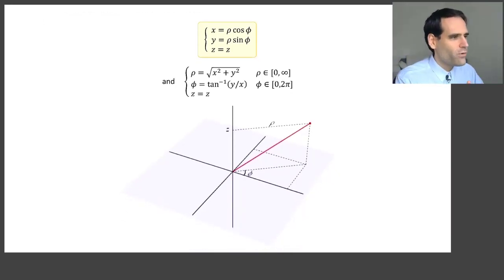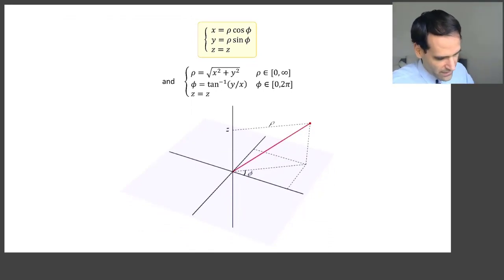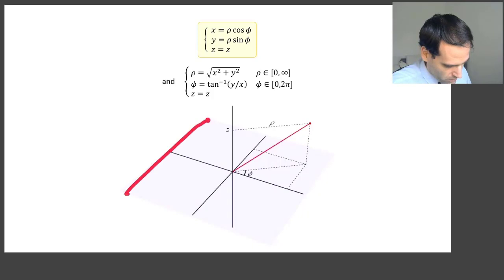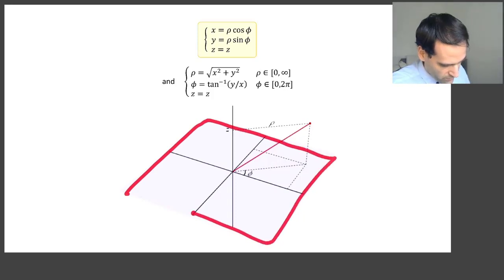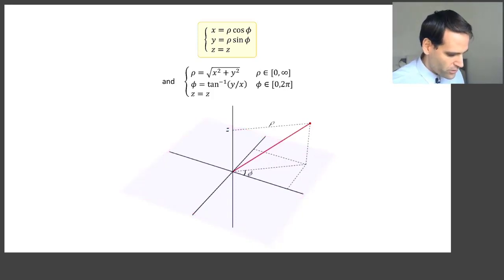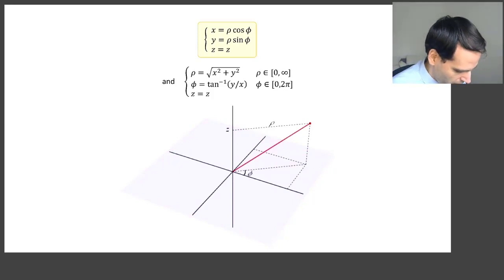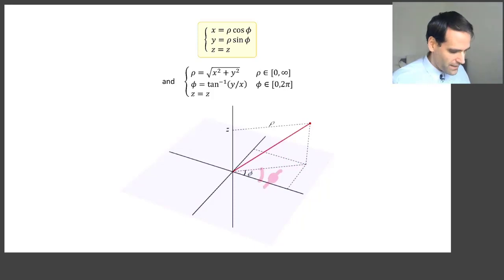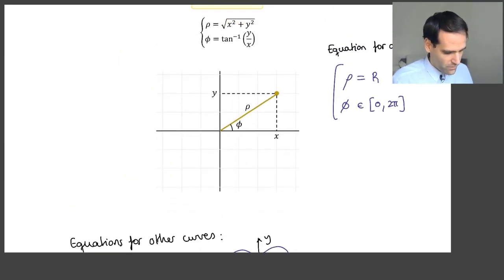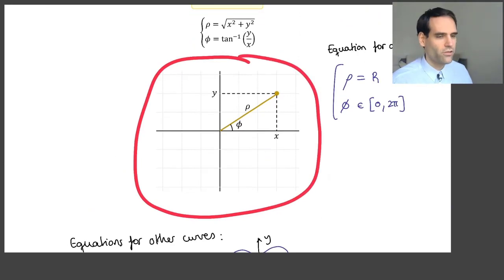Now, the best way to understand cylindrical coordinates is to imagine that in the xy plane, which would be this plane here, we are using polar coordinates. So we have this distance here, which is ρ, and we have this angle here, which is phi. And that is exactly what we saw in the xy plane for polar coordinates.